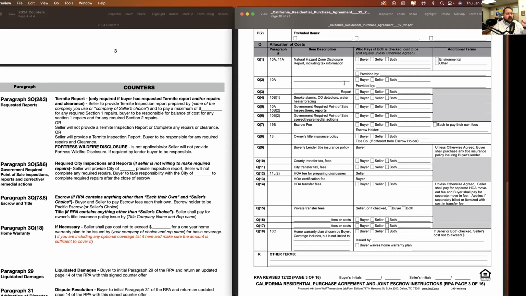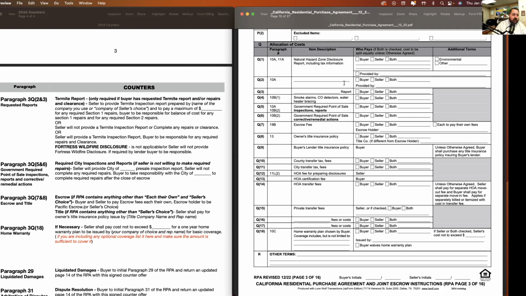But this fortress wildfire disclosure report is more specific as to where the wildfire danger is. Now, the benefit of this disclosure is it could help with the buyer's homeowner's insurance. But again, it is not required.